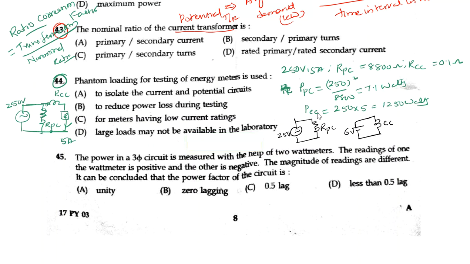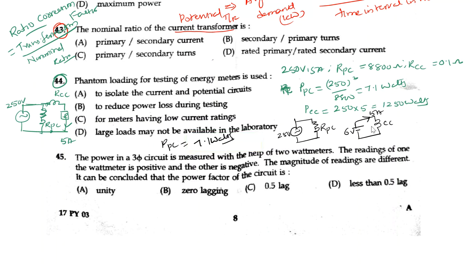Now you understand what we are doing: in the direct loading we are combining this potential coil and current coil like this, but in the case of phantom loading, we are doing them separately. Now this current coil will carry a current of 5 amperes. In the phantom loading case, the power consumed by the pressure coil is the same as that of 7.1 watts here.